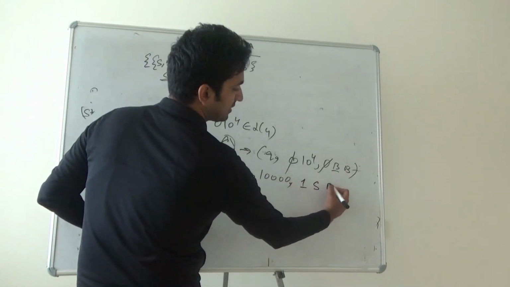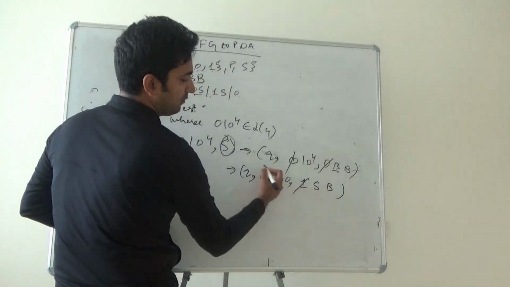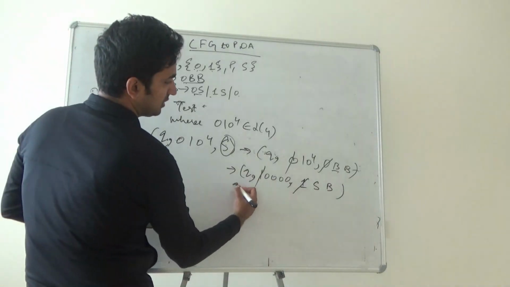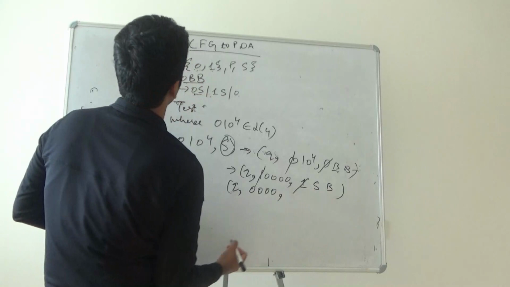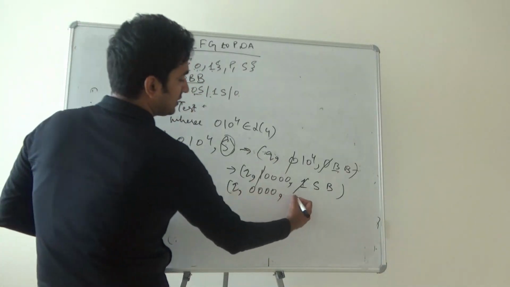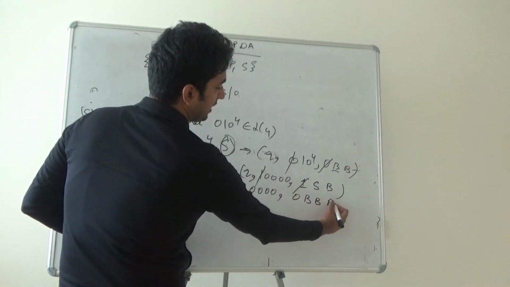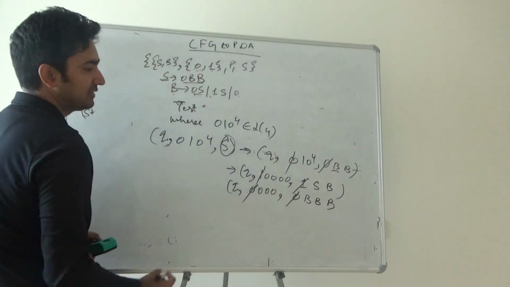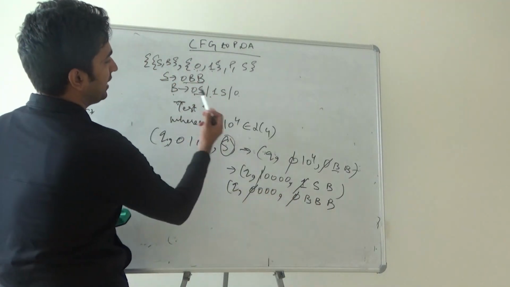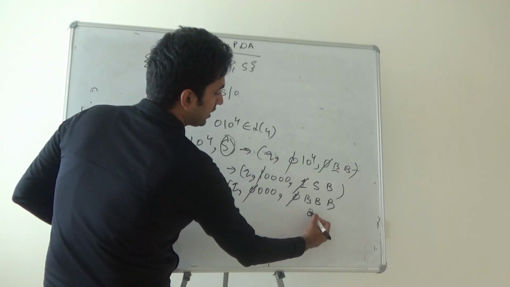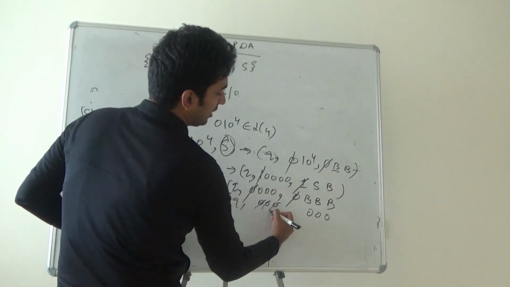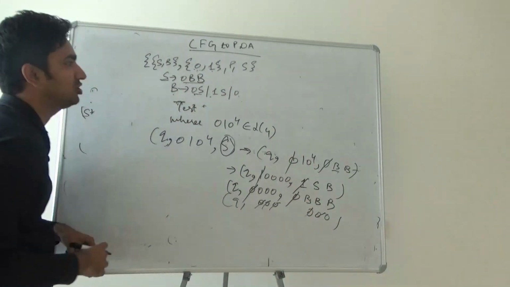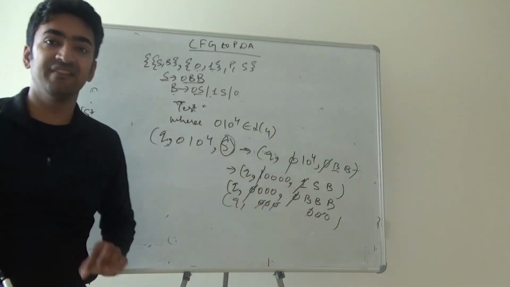It is 1SB because I want to match 1 with 1. So this is Q. Again you have 4 zeros, and now S value is 0BB, again 0 and 0 are getting cancelled. We have 3 B's and we can have 3 zeros, so we can have all zeros matched. Clearly this string also belongs to this particular language.